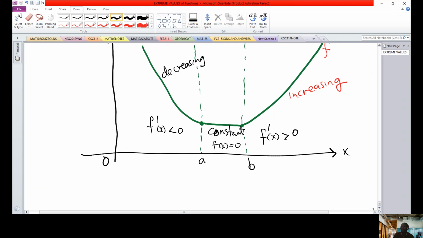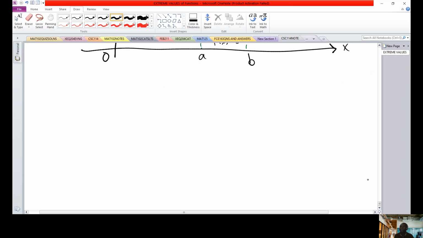So we can also understand the same things by this theorem, the sign of the derivative.